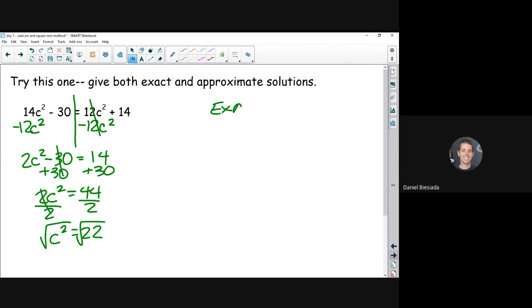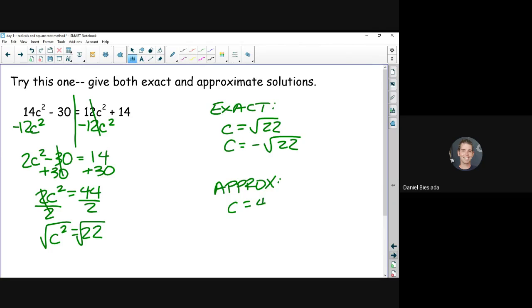So for exact, I would have both the positive and negative square roots of 22. And for my approximates, I would need the square root of 22, which is 4.69. And negative 4.69.